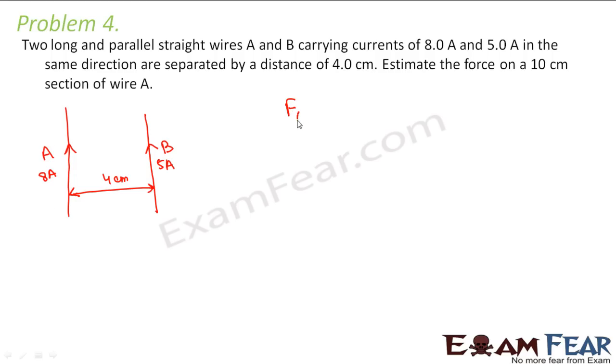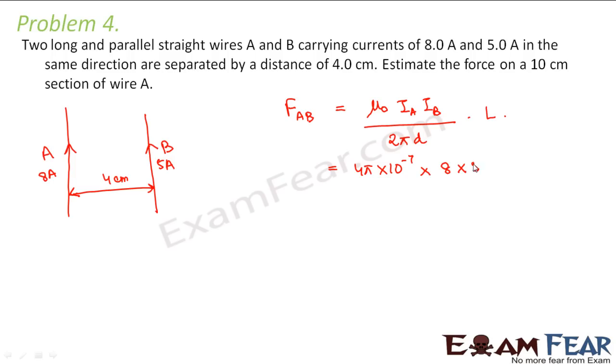So what is the force on wire A due to wire B? That is given by mu naught IA IB divided by 2 pi d into L, where L is nothing but the portion of the wire of A on which we need to estimate the force. So here mu naught is equal to 4 pi into 10 to the power minus 7. Current in wire A is 8 amperes.